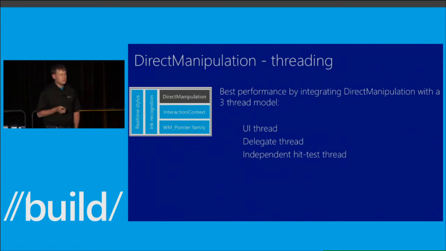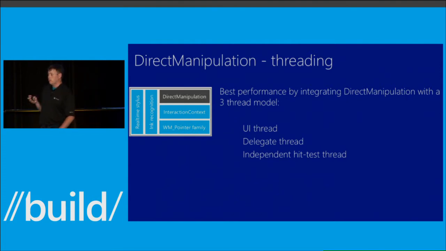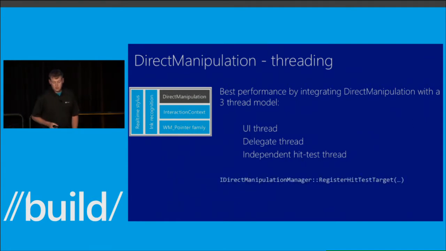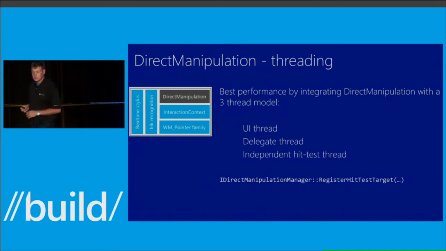We've got the first thread, the UI thread, where we've been doing all of our work. We've got the delegate thread, which direct manipulation creates on your behalf in order to process input. And now we would need to create a third thread in order to do the hit testing. The way you get that input, the WM pointer down and the DM pointer hit test, is through this register hit test target.